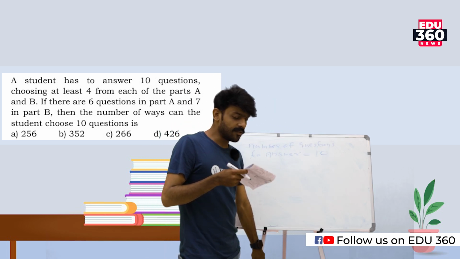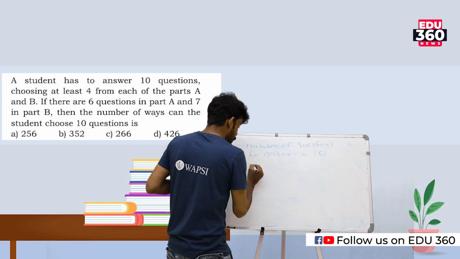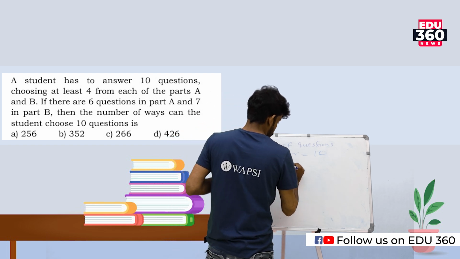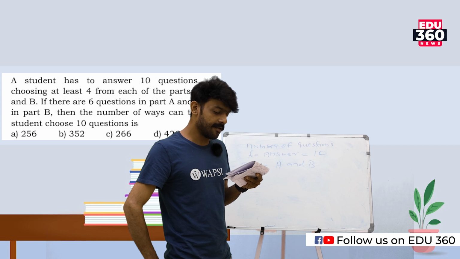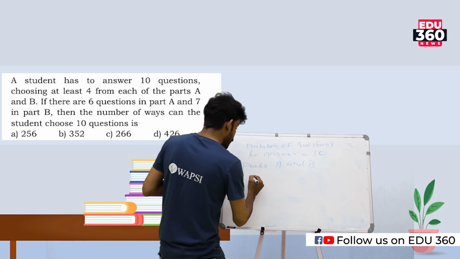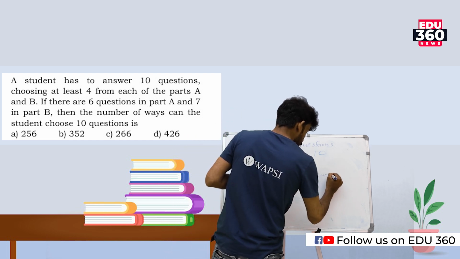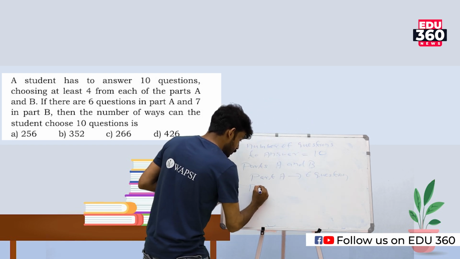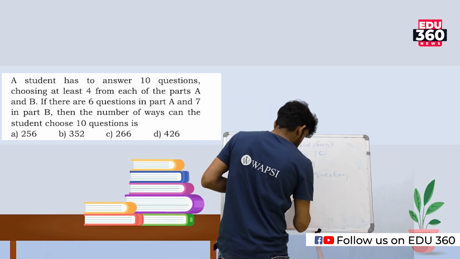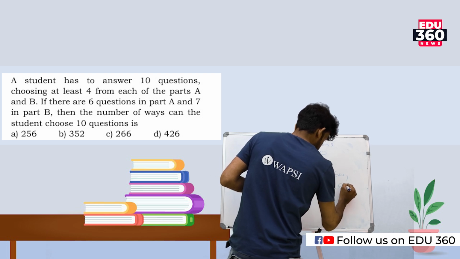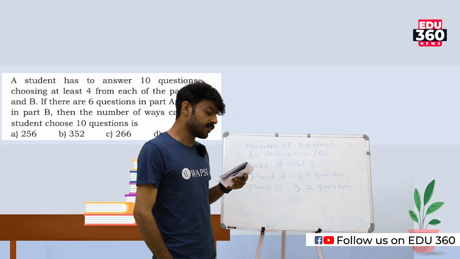And it's given that choosing at least four from each of the parts A and B. So there are two parts, A and B. If there are 6 questions in part A and 7 in part B, so part A has 6 questions and part B has 7 questions.